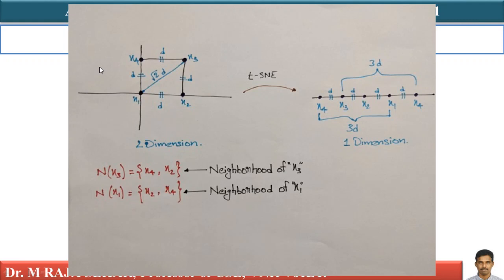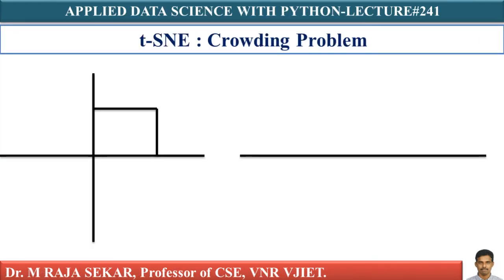Before understanding this diagram, let me recall one important point from my previous lectures. What is the functionality of SNE?